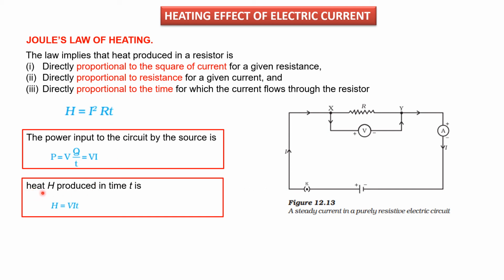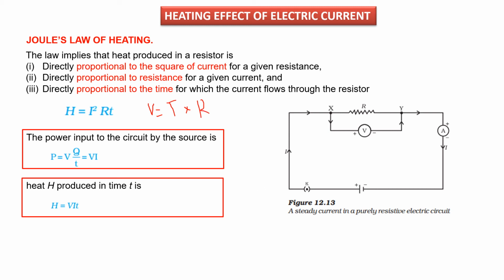The heat produced in time T is H is equal to VIT. That means you can write this form I square RT. I'll show you. So we know Ohm's law: V is equal to I into R, right?